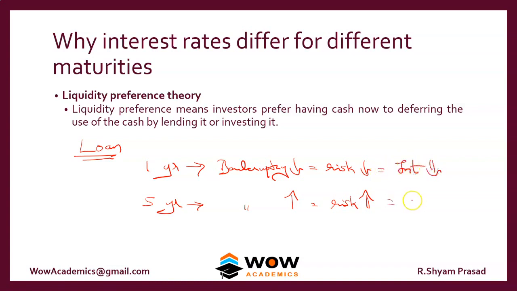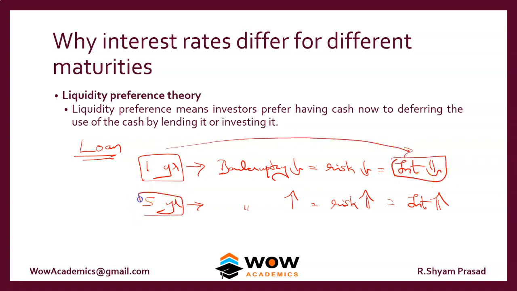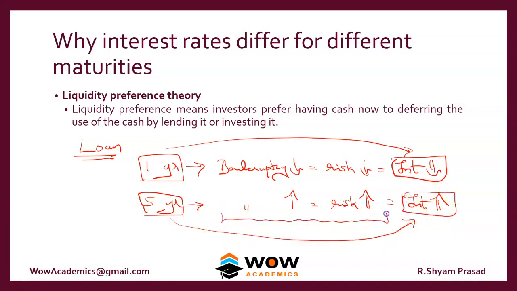As the risk is higher, you will charge a higher interest rate. So if you look here, the 1 year loan has a lower interest rate, and the 5 year loan has a higher interest rate. That is the logic for why the 1 year loan is lower and the 5 year loan has a high interest rate.